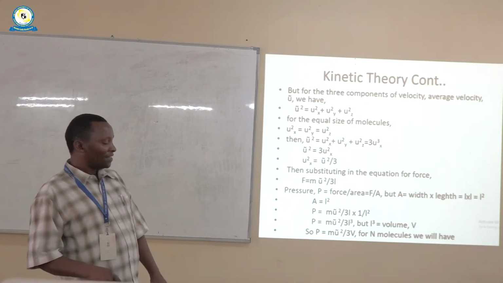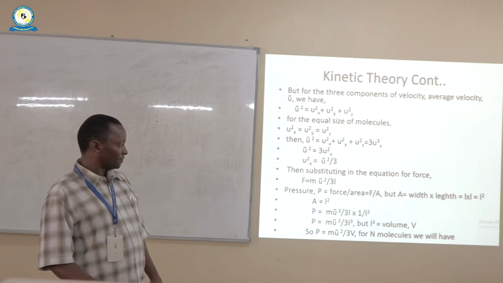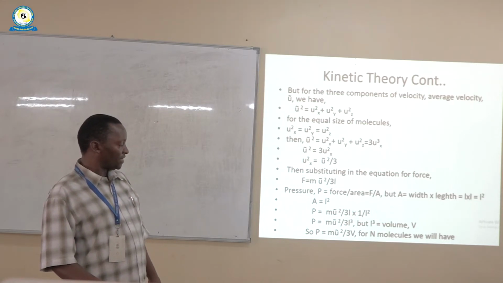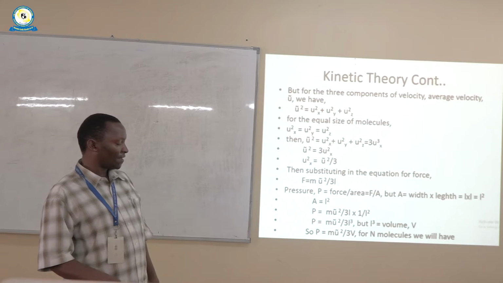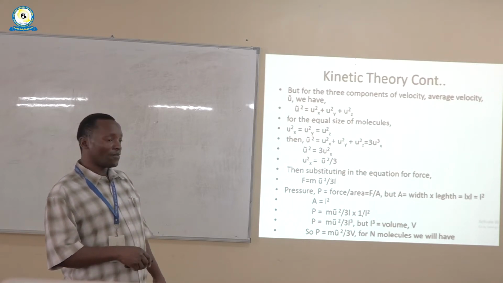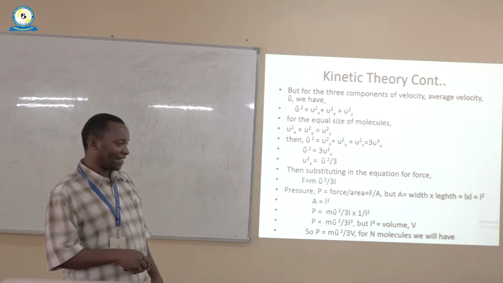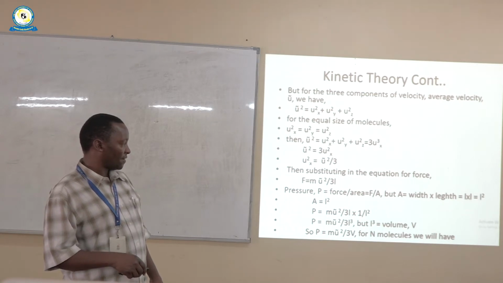The interest is in pressure, which will be exerted by that molecule that is moving along the x-axis. There, we know that pressure is force over area, and we have the area.